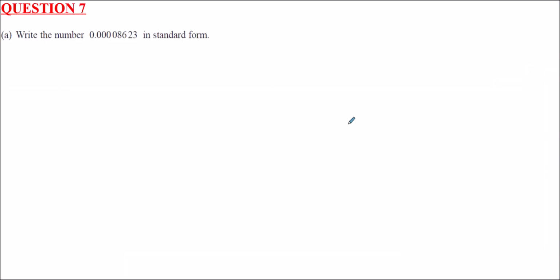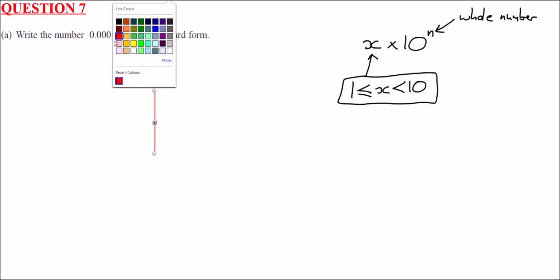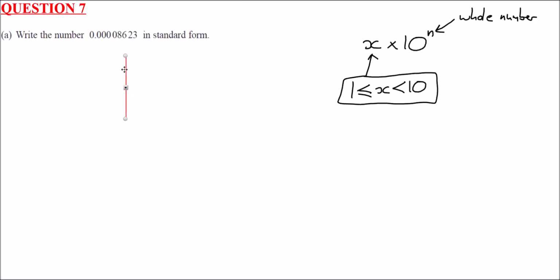Question 7. Write the number 0.00008623 in standard form. A number in standard form means that the first bit needs to be between 1 and 10, so I want it to have only one non-zero digit before the decimal.